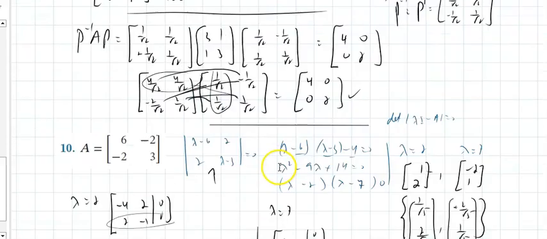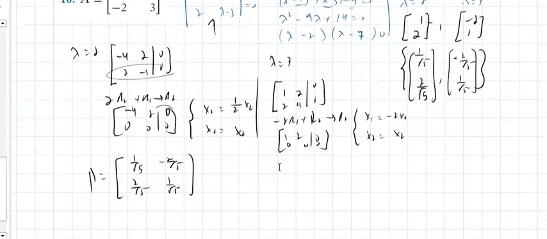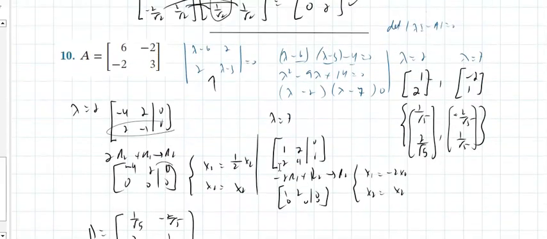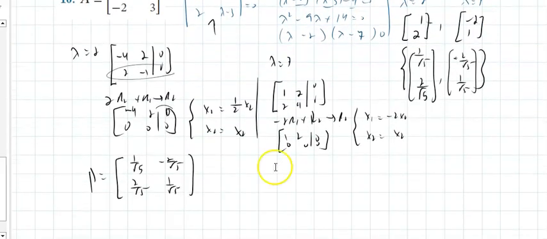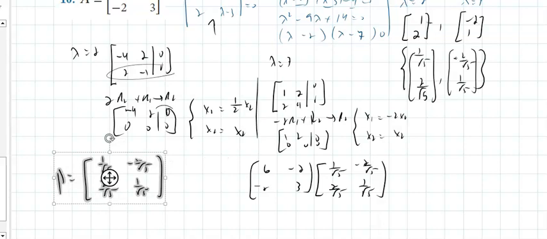And if we want to write P inverse AP, A is 6, negative 2, negative 2, 3. P is 1 over radical 5, negative 2 over radical 5, 2 over radical 5, and 1 over radical 5. And what do we know? If those are orthonormal, I could find the inverse really quick.